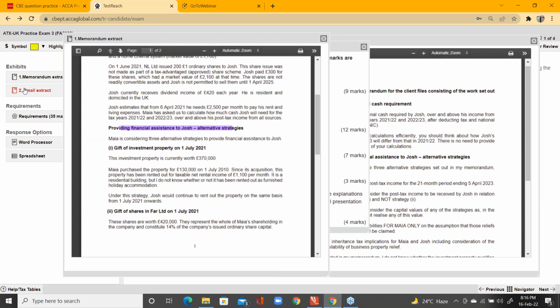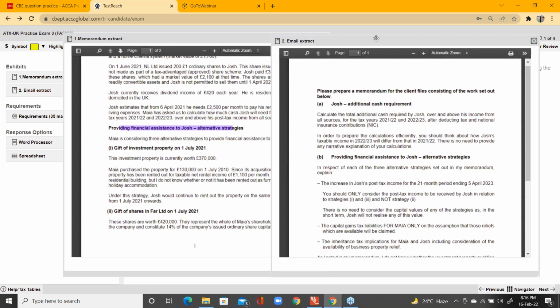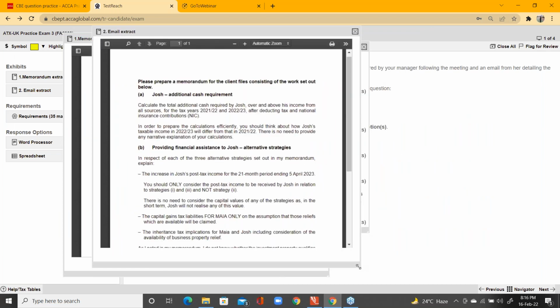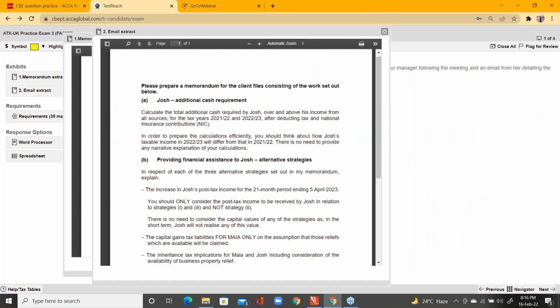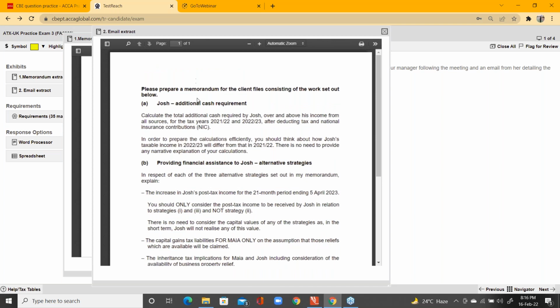Before answering this question, what is required with respect to part A, what is required by our manager, Josh: additional cash requirement. Calculate the total additional cash required by J over and above his income from all sources for the tax year 21-22 and the next year after deducting tax and NICs.